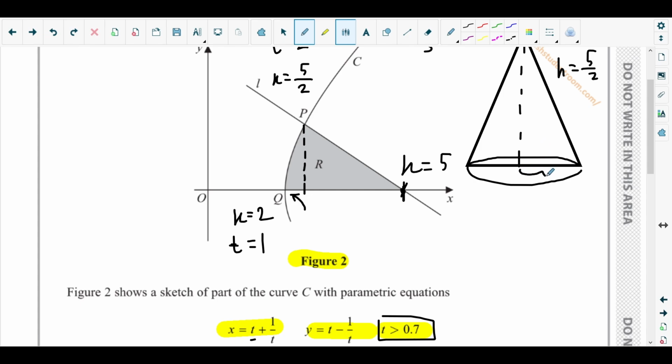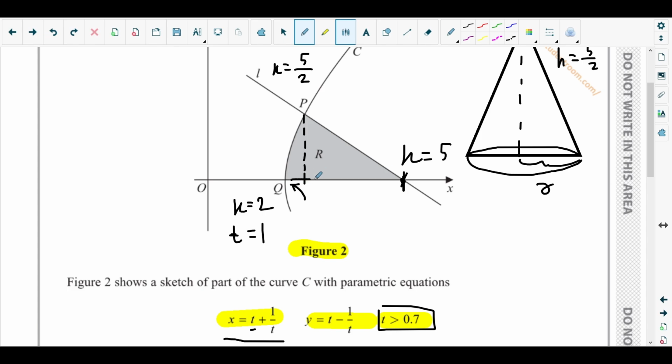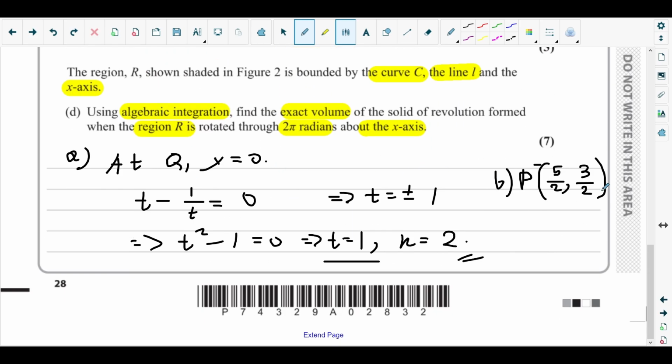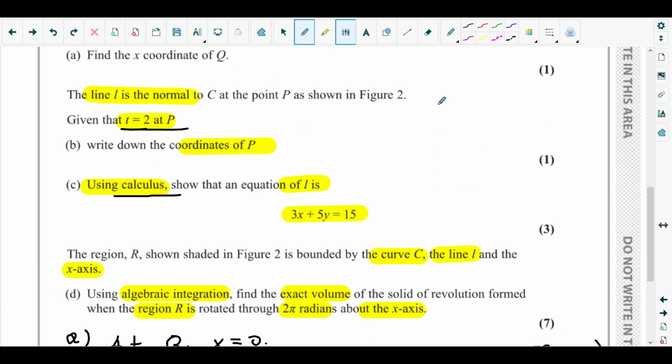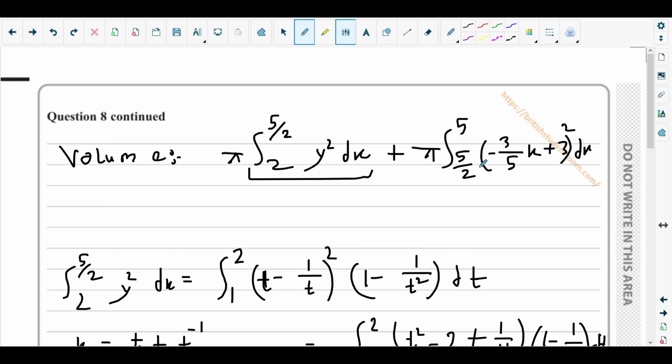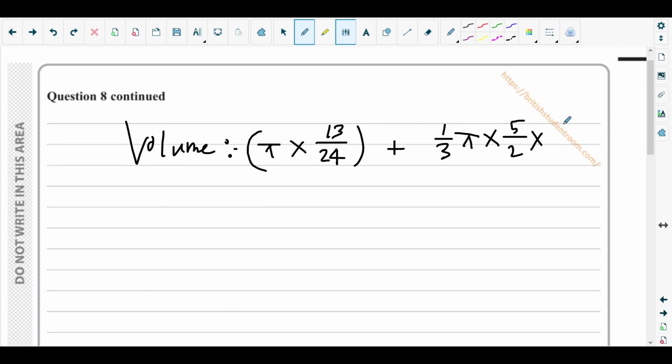Basically this is the radius r. This r is basically the height of the point P from the x-axis. What was the y coordinate of point P? We got 3/2. So the radius is 3/2 units. So we got the radius, 3/2 whole squared.